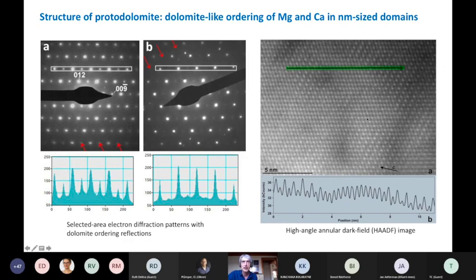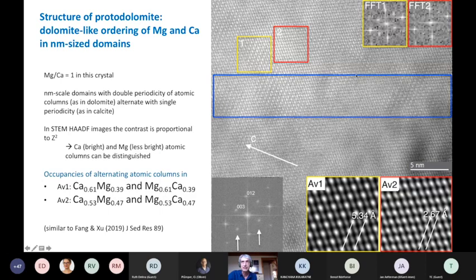The next micrograph has a more detailed analysis. Here in the yellow square, filtered and averaged at the bottom, you see that every second row is bright and every first row is less bright, whereas in the red square, each spot is the same.